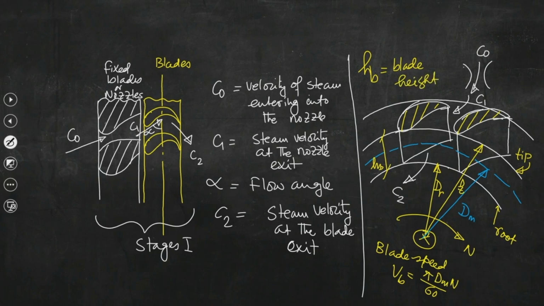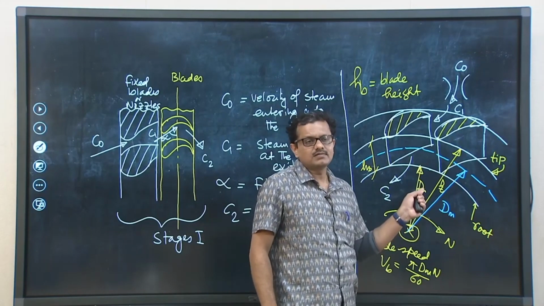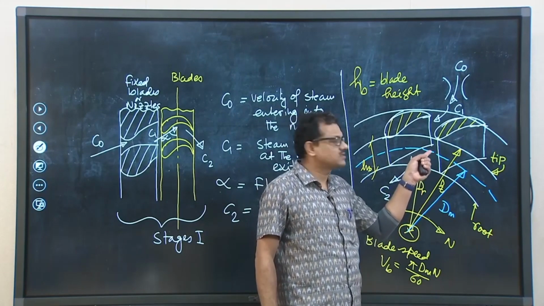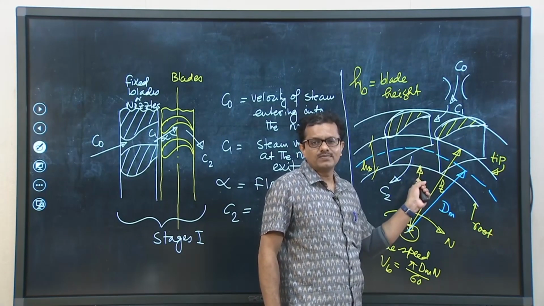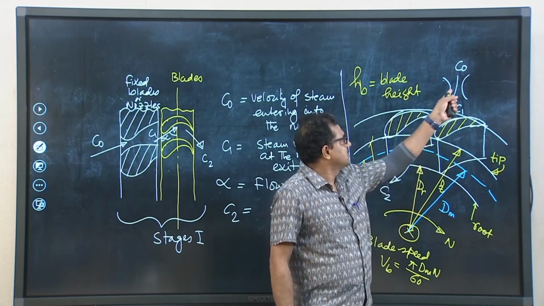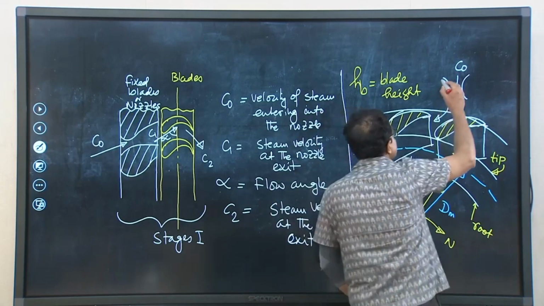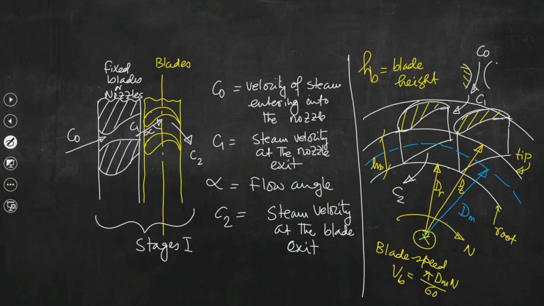So, what we can see? We can see this is the typical arrangement of blades which are mounted on the wheel of the turbine. This is the flow nozzle.